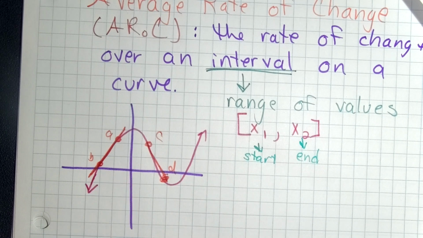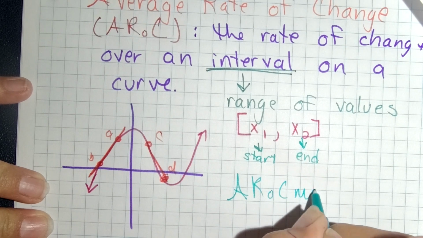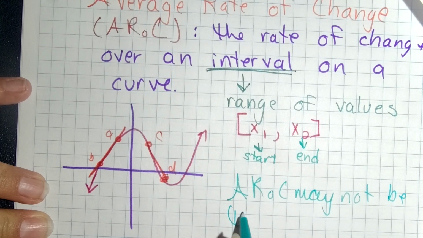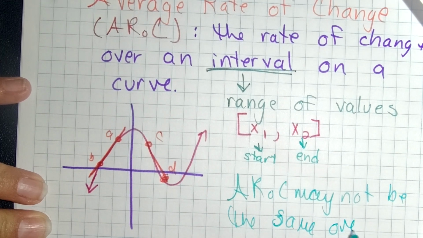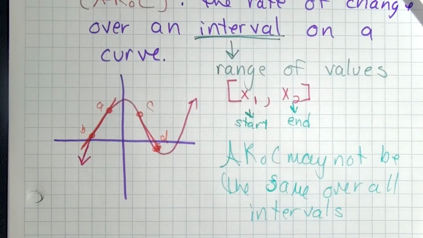They will not always be the same over intervals. Average rate of change may not be the same over all intervals. I promise we have a few more notes and then we'll get to examples and then practice.